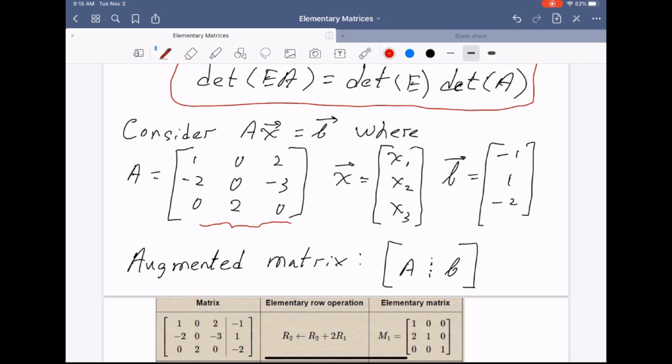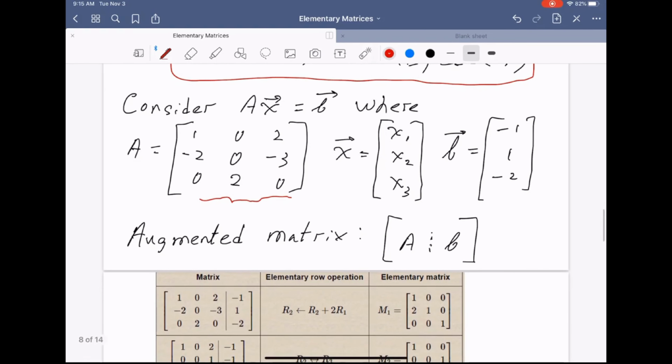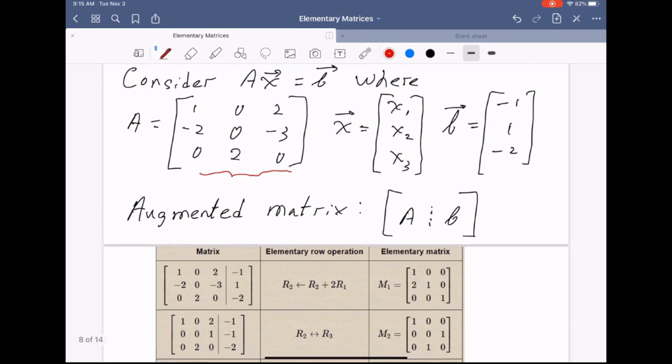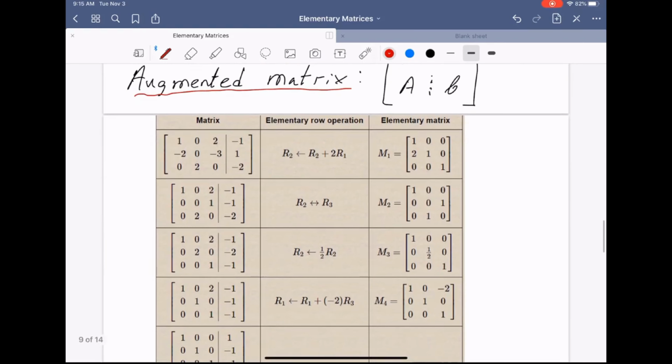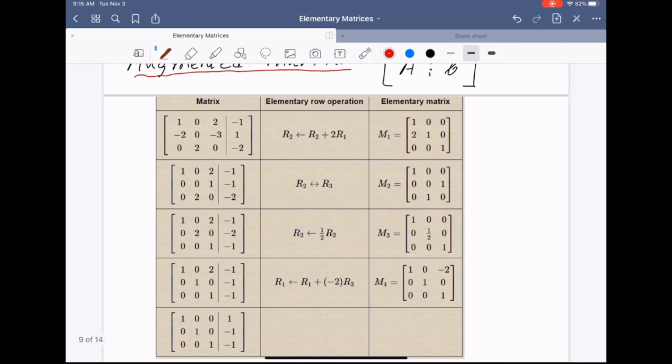And the vector x is a column vector of x1, x2, x3, and the right-hand side of the expression Ax equals b is a column vector of -1, 1, -2. And we construct what's called an augmented matrix by simply placing matrix A and B side by side.